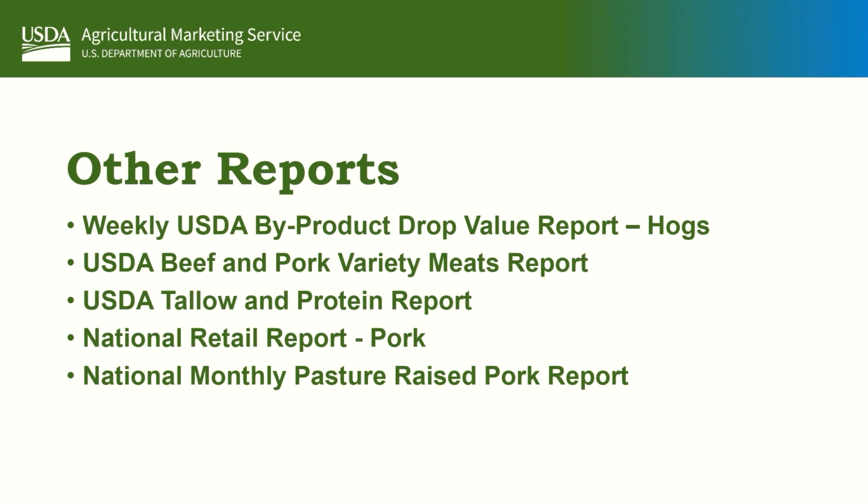If we get reports on some of the products once every 2 years, we're darn lucky because it's done voluntarily. There was a push at one time to maybe include those in livestock mandatory reporting, but we don't know where that's going to go yet. We've got a national retail report done for pork, and we've got a monthly pasture-raised pork report.